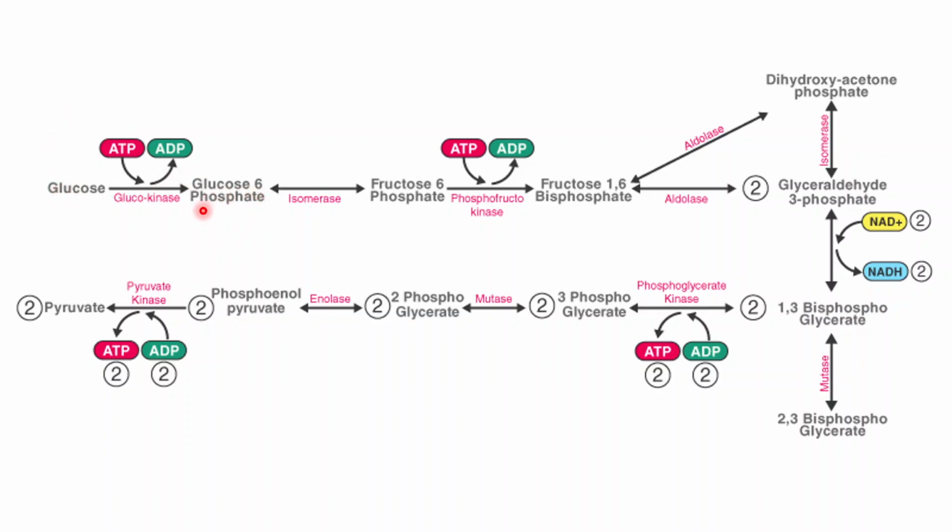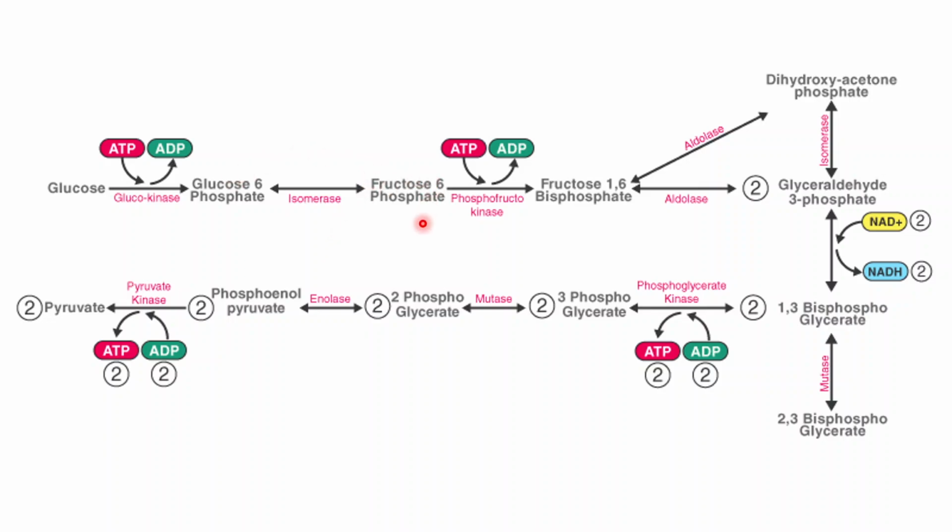Then from glucose 6 phosphate, you are getting fructose 6 phosphate by isomerase. Glucose and fructose both have 6 carbons, so both molecules are isomers of each other. Isomerase helps make fructose 6 phosphate from glucose 6 phosphate.